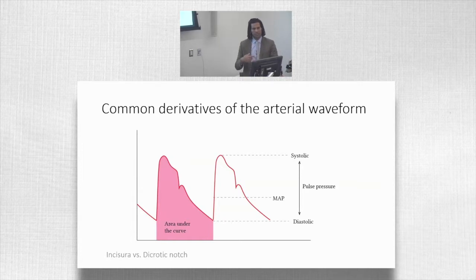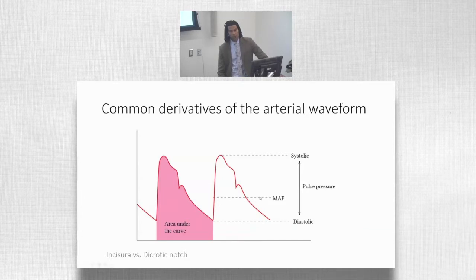If your pressure monitoring line is in the ascending aorta, then this little notch in what's called the dicrotic or descending limb of the arterial waveform is closure of the aortic valve. But anywhere else in the arterial tree, you're measuring a dicrotic notch, which is actually a more complex phenomenon. It represents reflected waves from the peripheral higher resistance arterioles. And I'll talk about that a little bit more in the next slide.